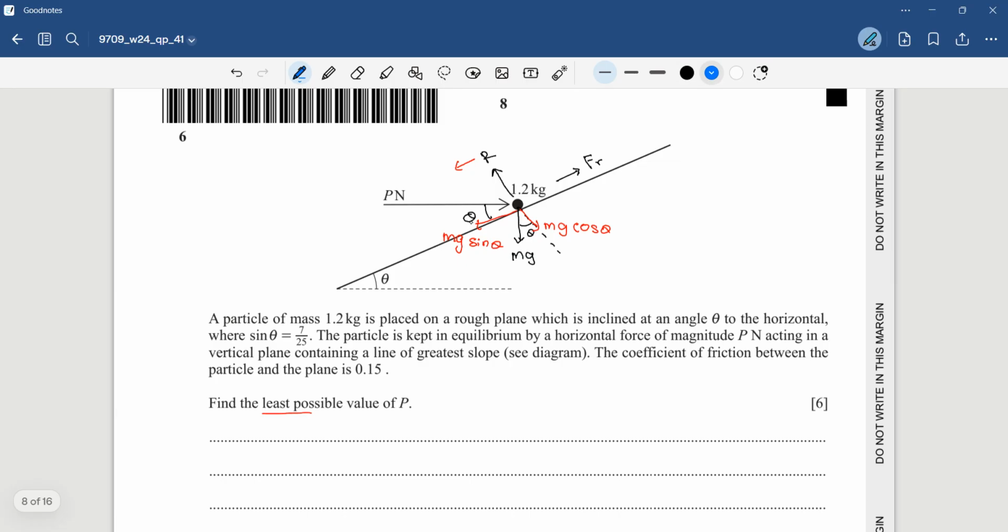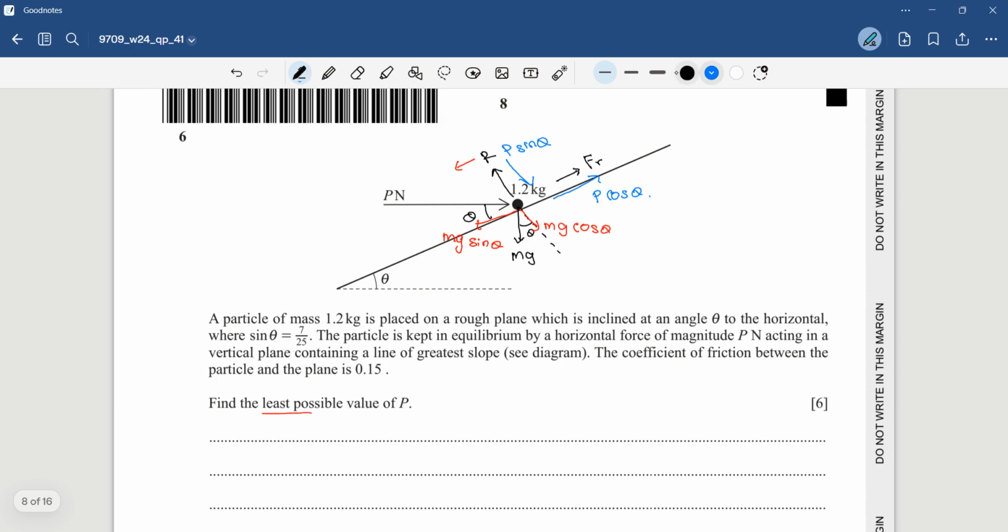So the P will go, when you resolve it, in this direction, will be P cos theta, and here P sine theta. Okay, these are the forces that we resolve. So we already resolved my P, mg things.